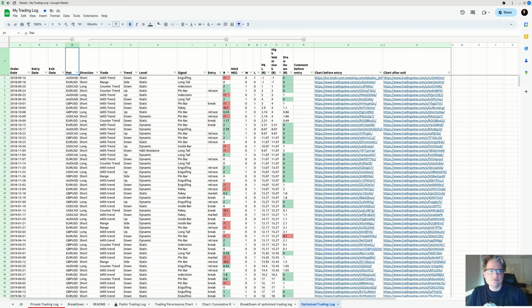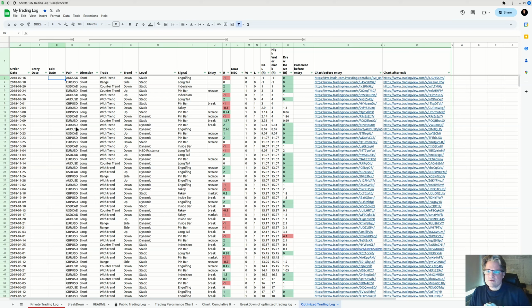It's a Google sheet, and in it I log all kinds of things about my trades. Most important thing is of course the order date. When do I place the order? I should also record the entry date and the exit date, because then I can also learn more about how long I'm in the trade, but I haven't been doing this yet.